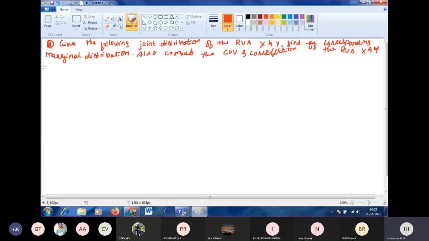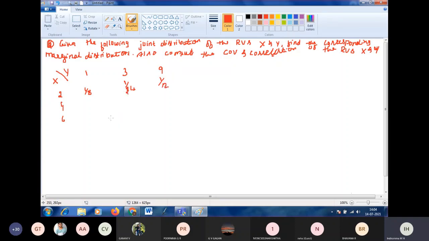Okay, now write down the given data with x and y. Y values are 1, 3, 9. Corresponding x values are given as 2, 4, 6. Then the distributions: 1 by 8, 1 by 24, 1 by 12.